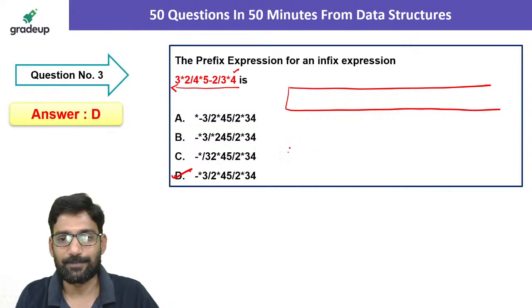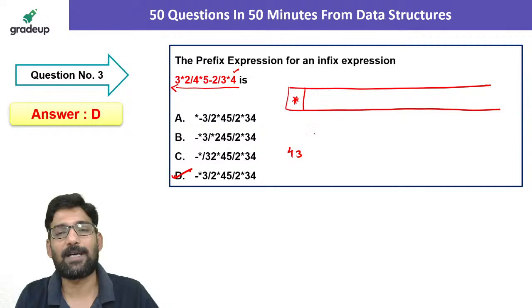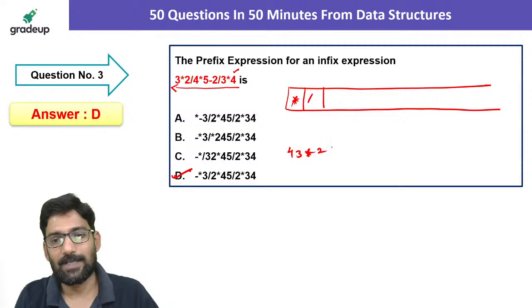So 4, star, 3, division. Star has equal priority, so we will bring it here, and division will be pushed. 2, minus; division has more priority.